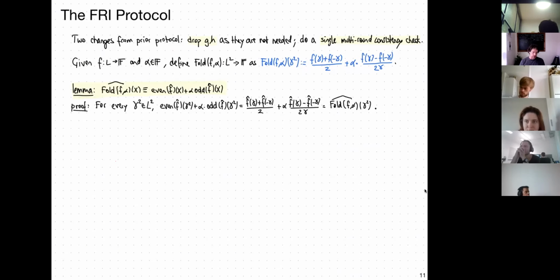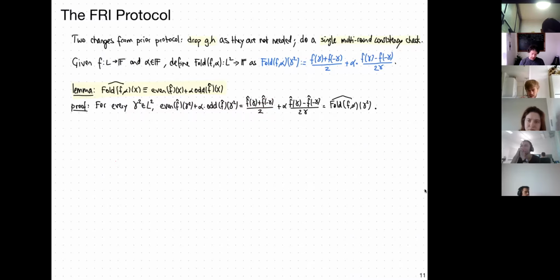We'll show exactly why this is even plus odd. It's a one-line proof. We're considering this element gamma squared from L squared, and asking what it actually means to be the even part plus alpha times the odd part. For the even part, we get contributions one time from the positive element and one time from the negative element, and this is divided by 2.